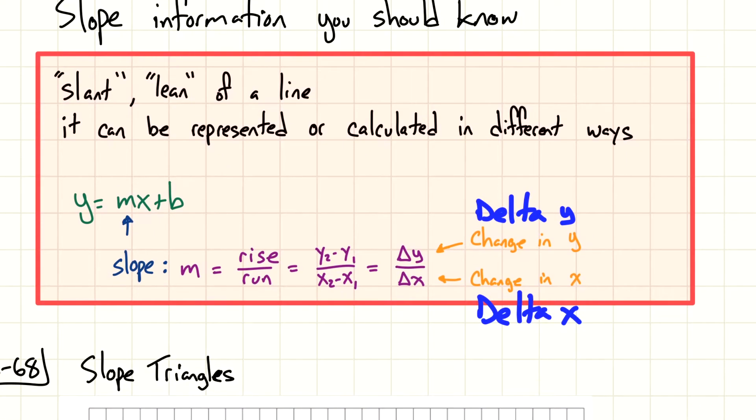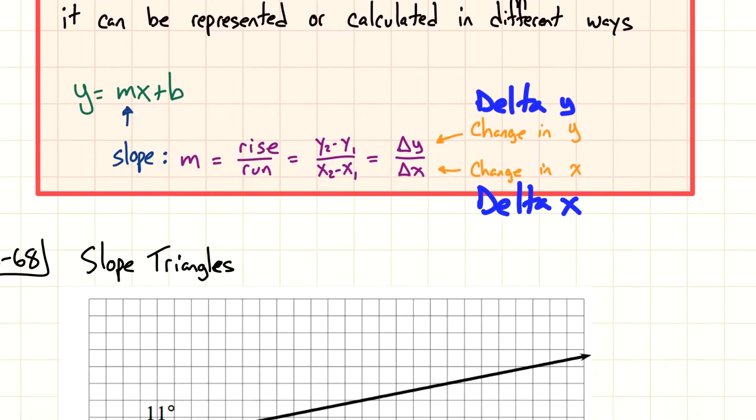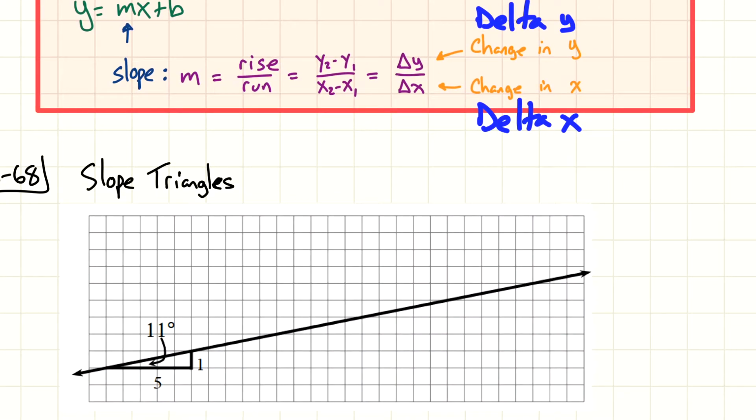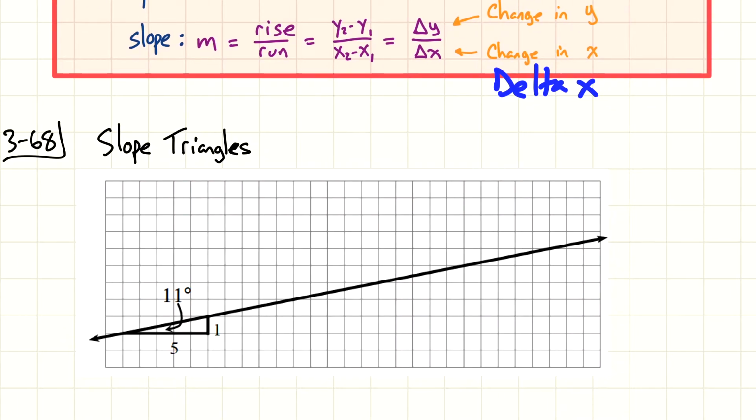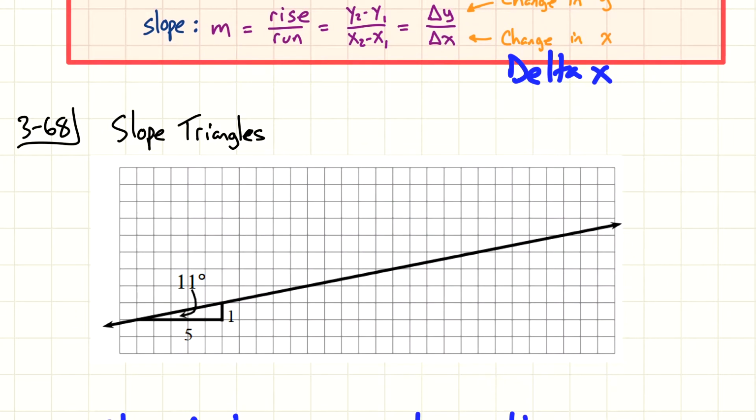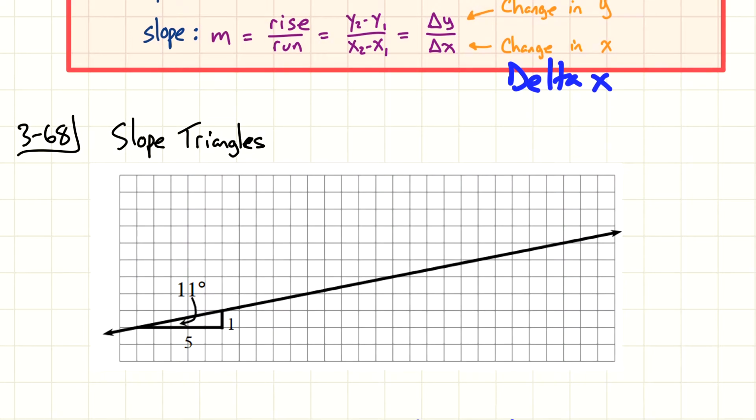All right, so in this first problem, we're looking at this line, and this question is having us look at a specific slope triangle that's given to us. So if you don't remember, slope triangles are triangles that you draw on a line that happen to be right triangles.